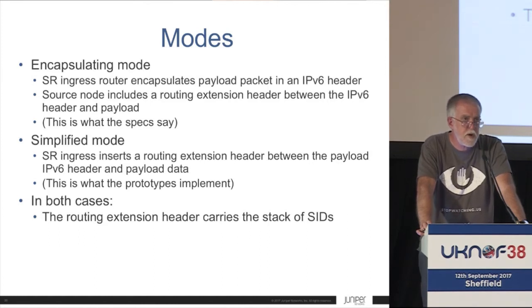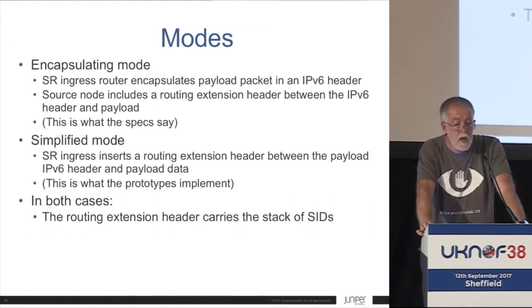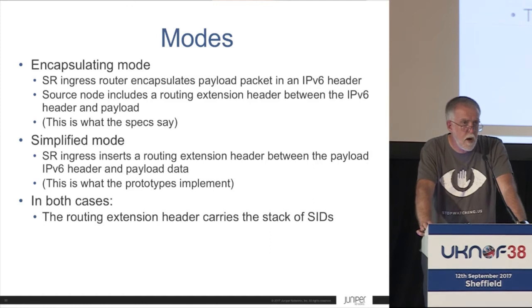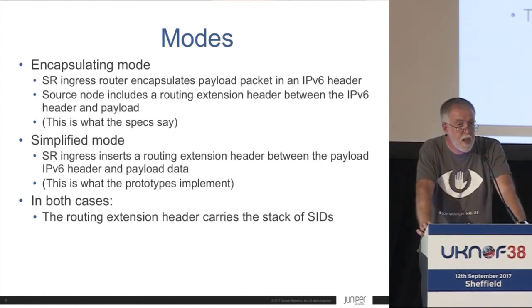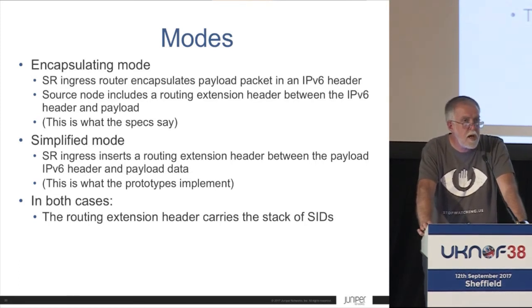The encapsulating mode says take the IPv6 packet you've got and wrap it up IP in IP, and then do the segment routing on the outer header. And the simplified mode says take the IPv6 packet and insert the extension header into that packet as it is.